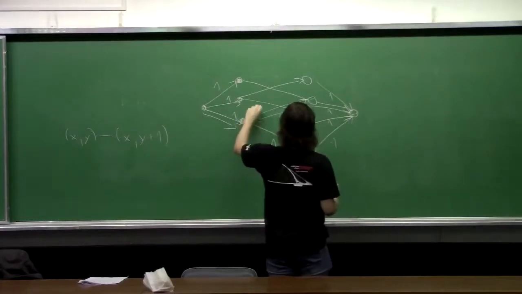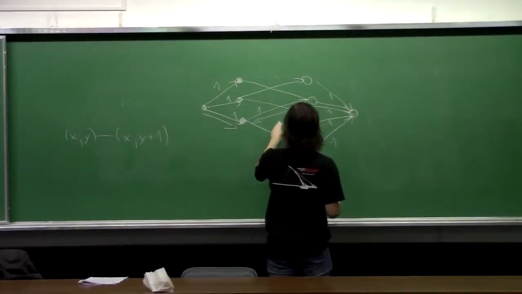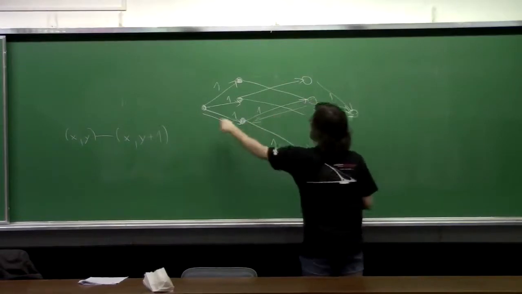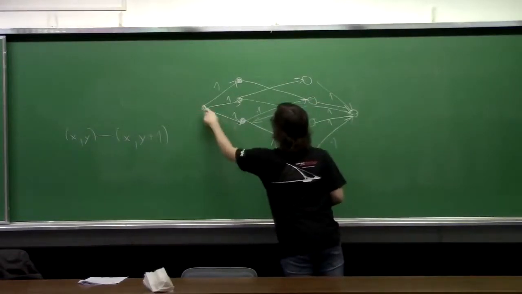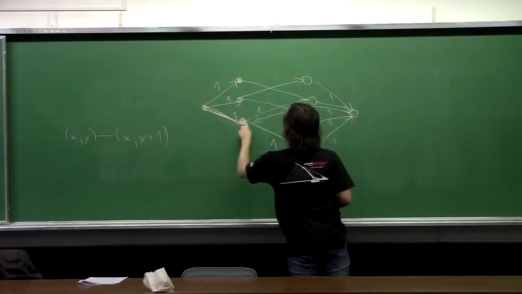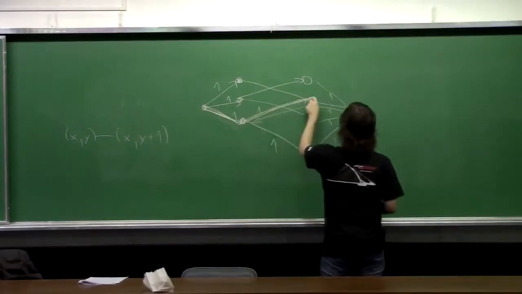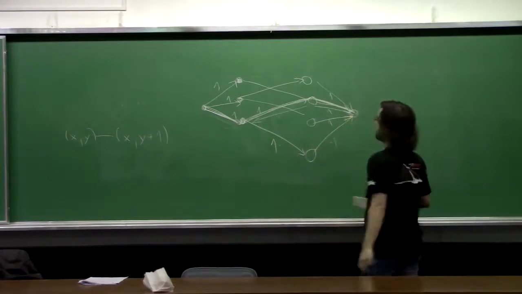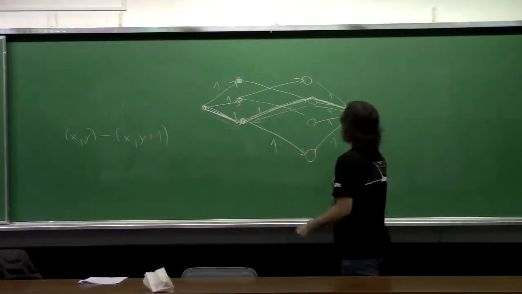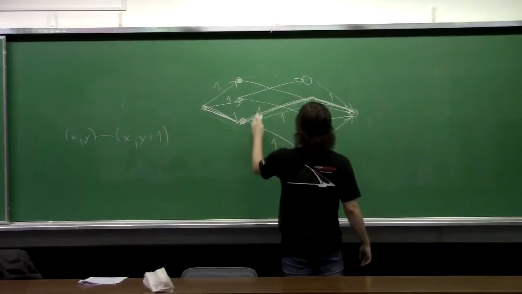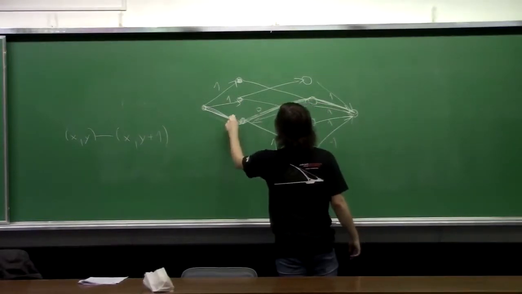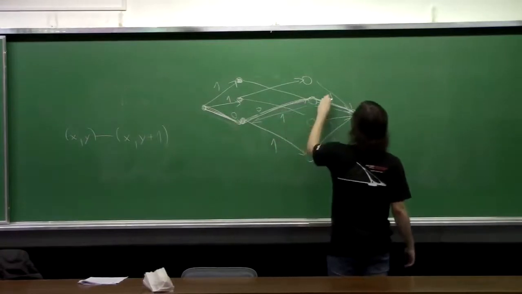So if we would have a flow through this edge, and you will have a flow through these edges from the source to the sink, then this edge would have capacity 1, and this would have remaining capacity 0.